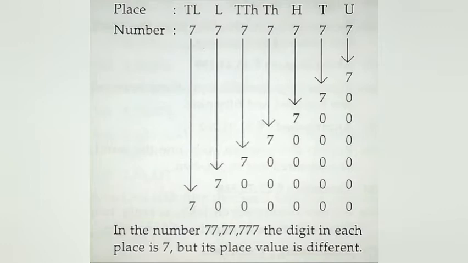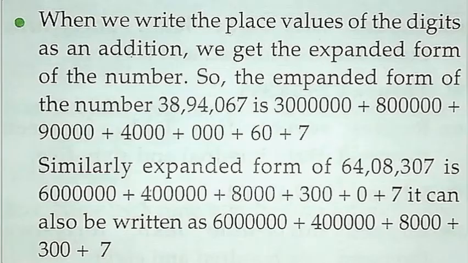In the number, the digit at each place is 7. Each digit is 7, but its place value is different. Everywhere you can see just 7, in the lakhs place, 10 lakhs place, 10,000 place, but the value is different. Now I'll tell you how.